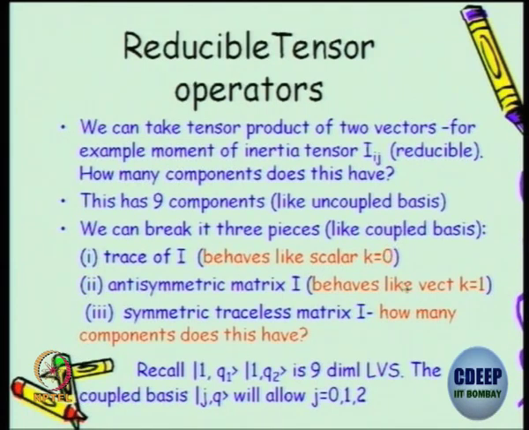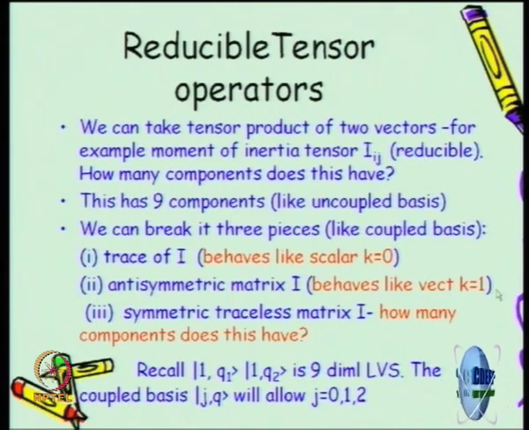One is A dot B, which is like a trace. Another one is A cross B, which is like an antisymmetric piece of this Iij tensor. The last one is the remaining. Out of the 9, you already have one component here.